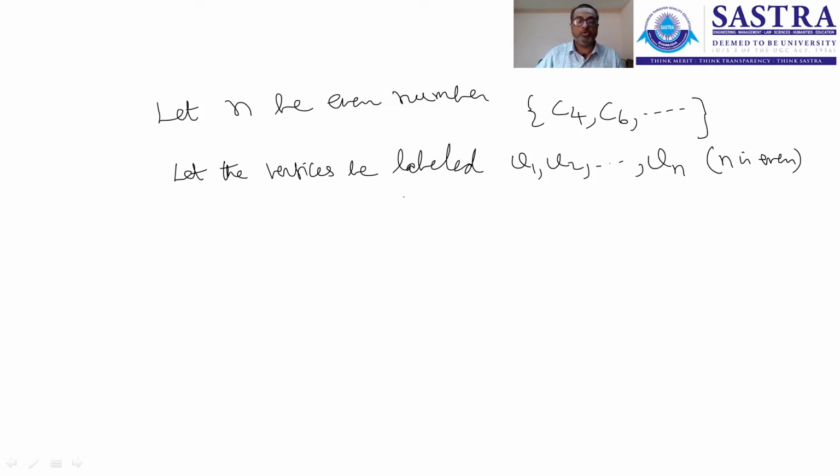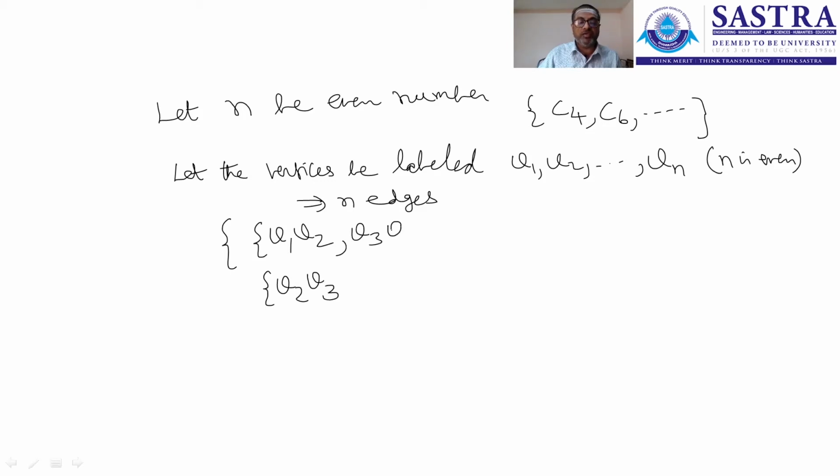You will have n edges, because it is a cycle. When you have n vertices, you will have n edges. So now I will alternately place the colors: V1, V2. For the second partition, I will give V2, V3. And now here I will have V3, V4. Here I will have V4, V5. And so on.